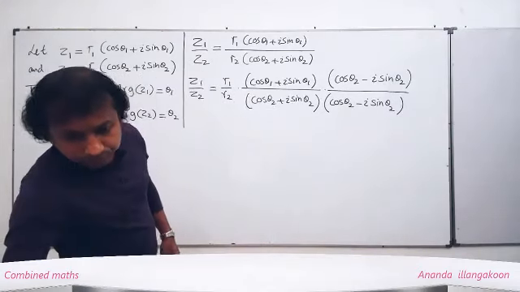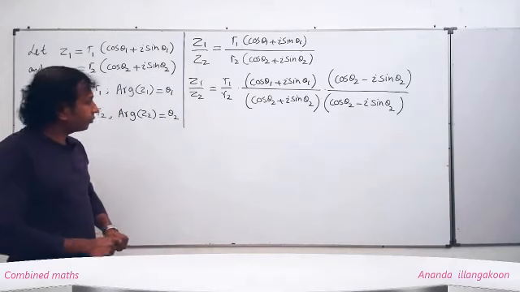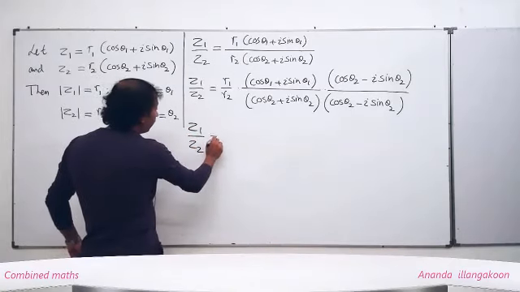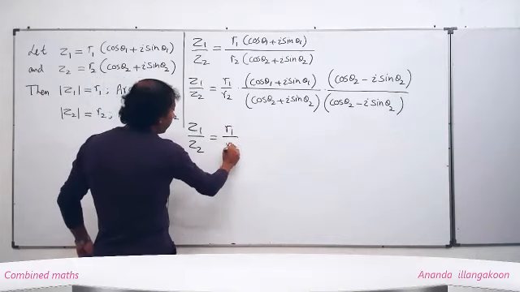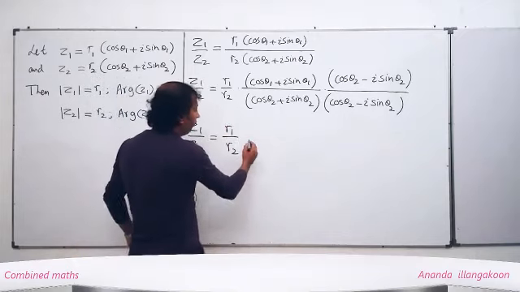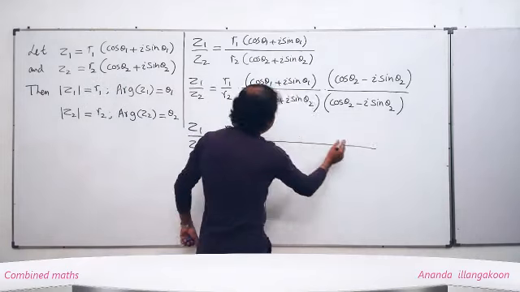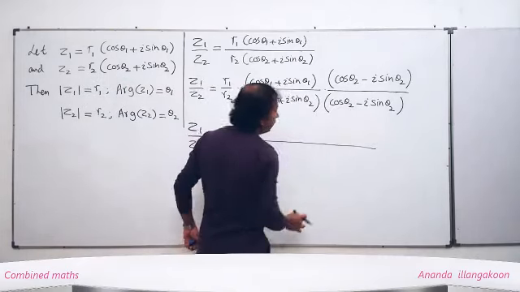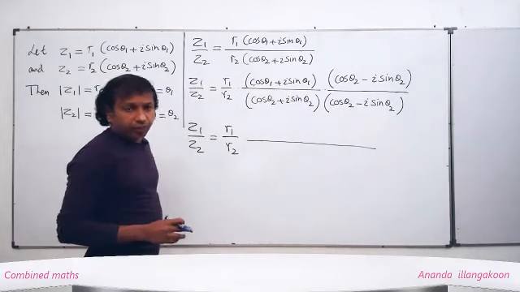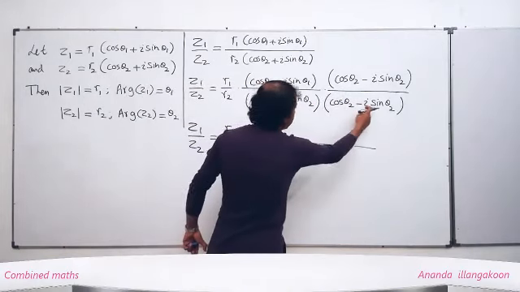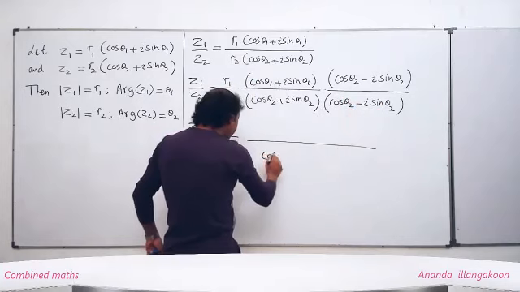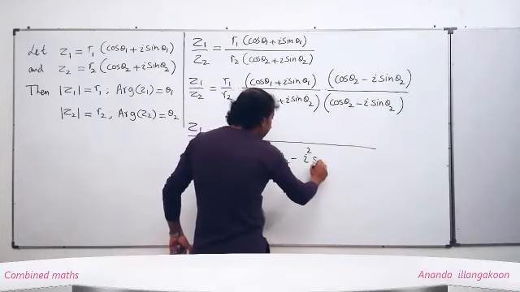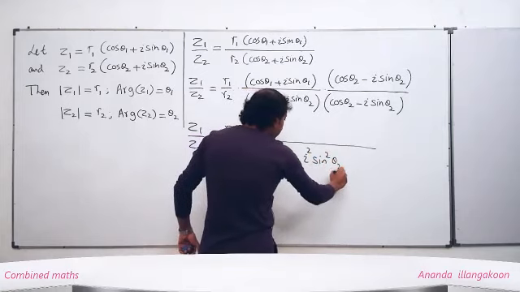Right, people. Now see what you get there. Z1 divided by Z2 is R1 divided by R2. The denominator is like A plus B into A minus B, then we can write that as A squared minus B squared. Square of this minus square of this: cos squared theta 2 minus I squared sin squared theta 2.